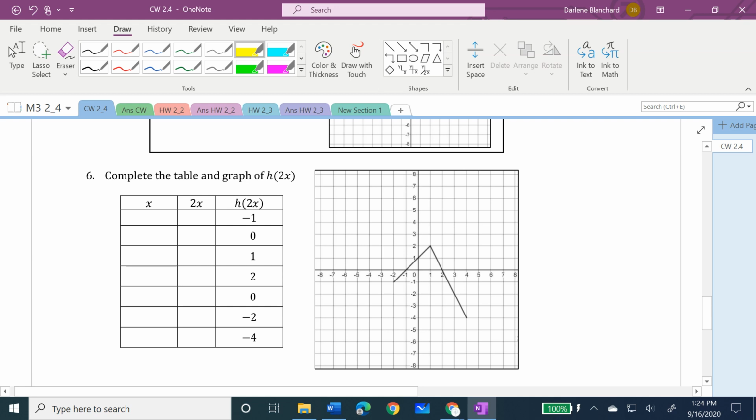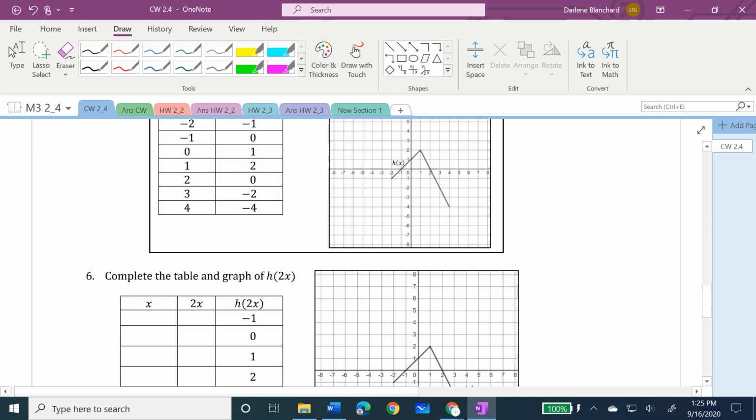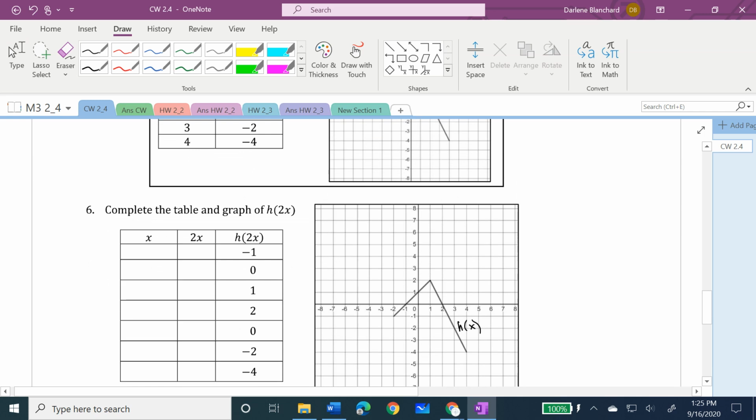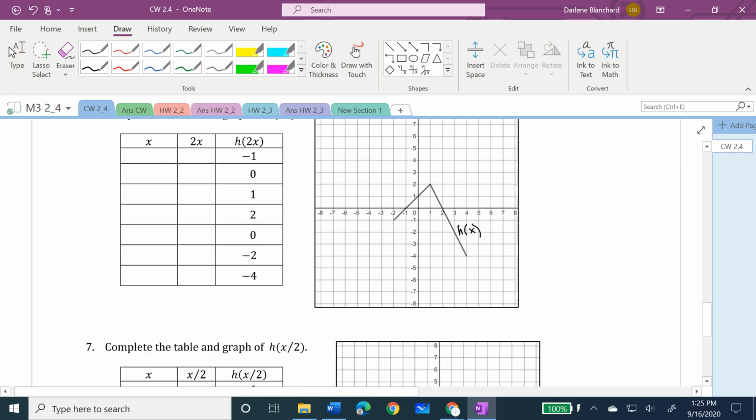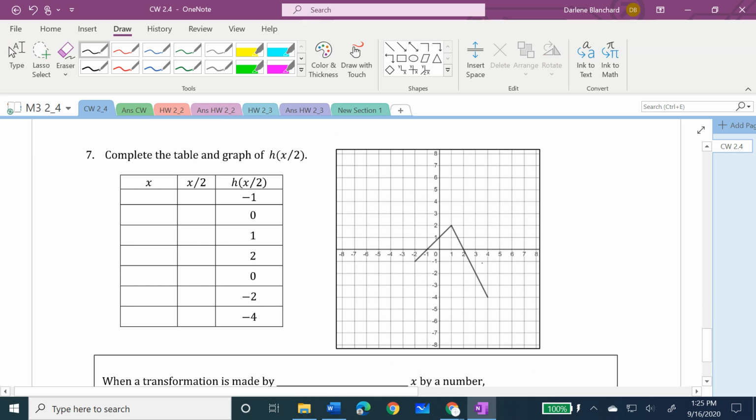By the way, let me make sure it's clear to you that this is the h of x function sitting right here. And I just realized that I failed to have the h of x label sitting on it. So both of these, you are looking at h of x.